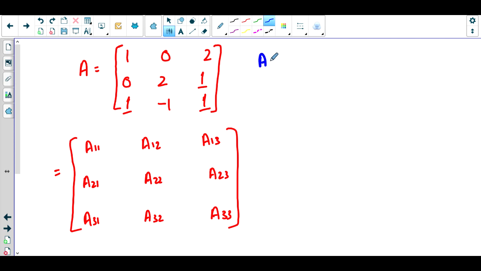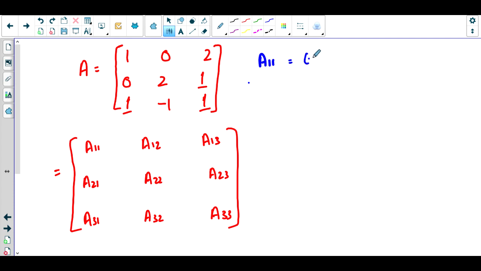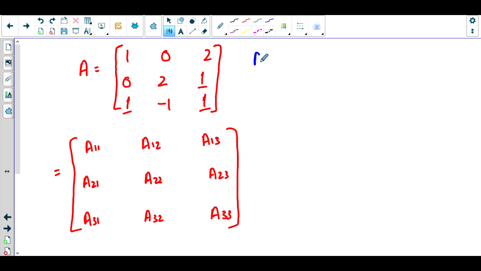Let me first write the general formula of the cofactor so that if you have any doubts it will be clear: Cij is (-1) power i plus j into Mij. Now let's find all of them.